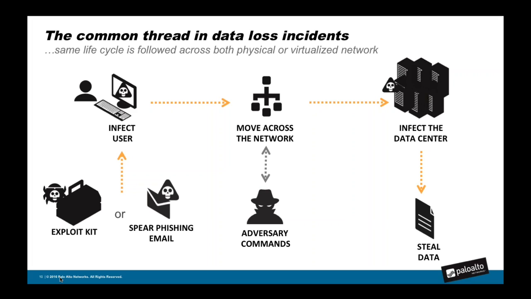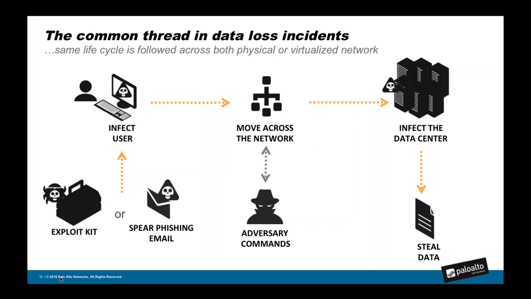And the initial foothold could be through the perimeter. It could be through other access methods which are actually accessing your data center, through your mobile devices, through partner networks which are connecting to your data center, through branch and remote offices which are connecting to your data center. The mechanisms could be a spear phishing email targeting your organization's employees.